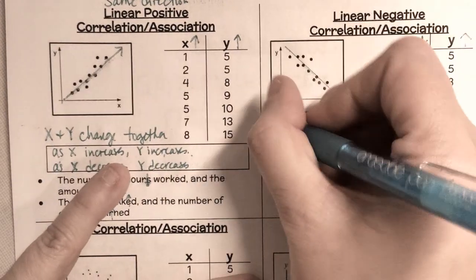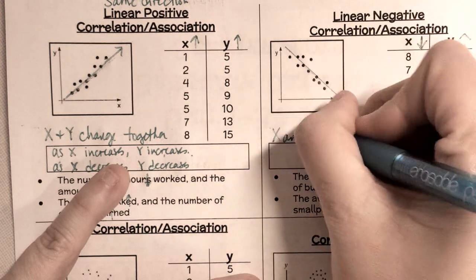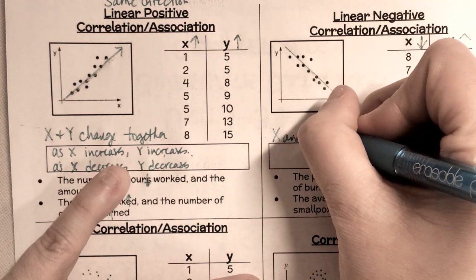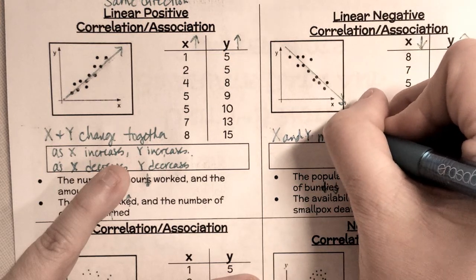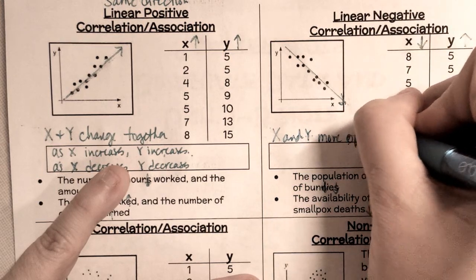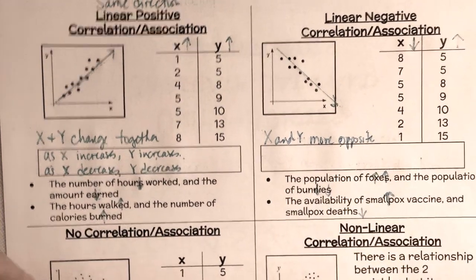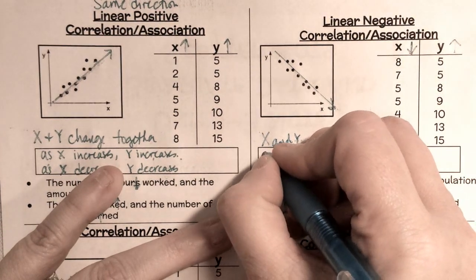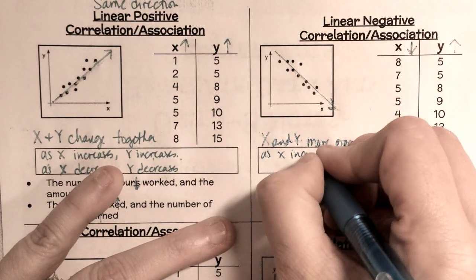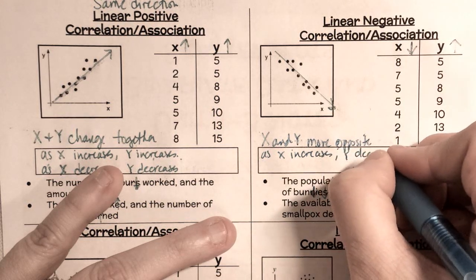So in this case, x and y move opposite. That's the best way I could think of to say it. As x increases, y decreases. As x decreases, y increases. Okay, so let's write that down. As x increases, y decreases.